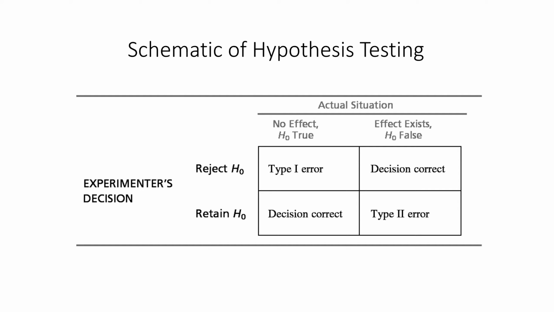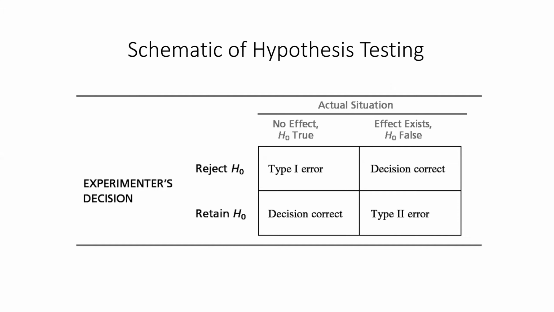So we have two choices, two things that could be happening in the actual situation about which we are hypothesizing. One could be that the null hypothesis is true. And on the table, that is the left-hand column.